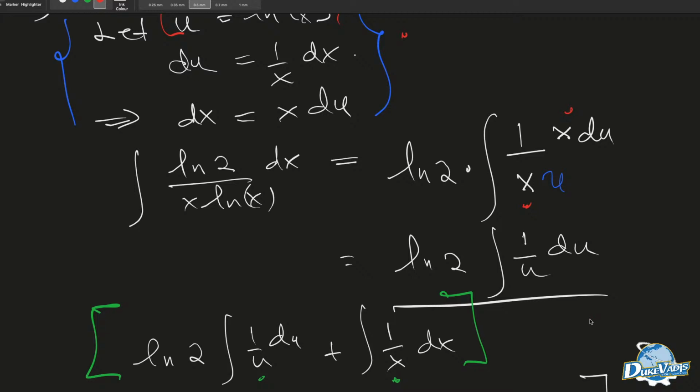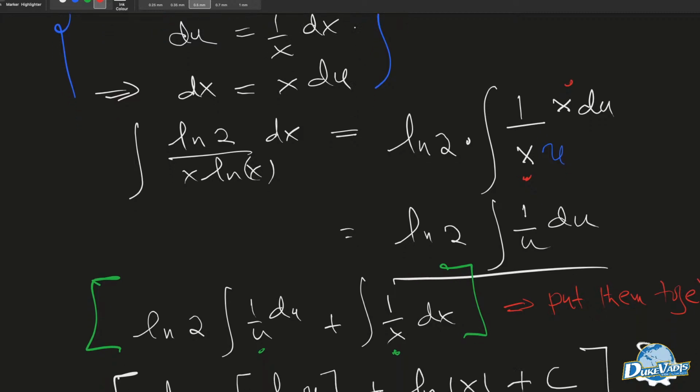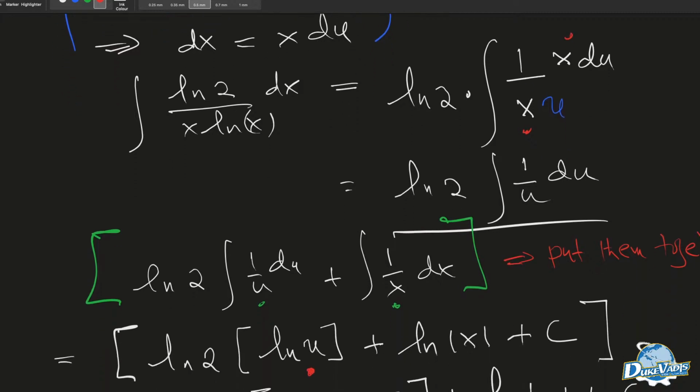And that, we decided to put them together here. So then we know the first one is natural log of 2 integral 1 over u du, and the other one is integral 1 over x dx. But we all know that when we integrate 1 over u, we get natural log of u. Then when we integrate 1 over x, we have natural log of absolute value of x plus c.